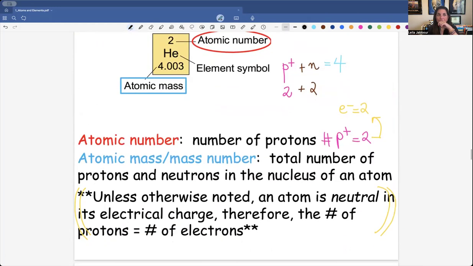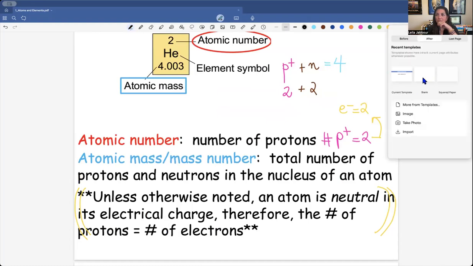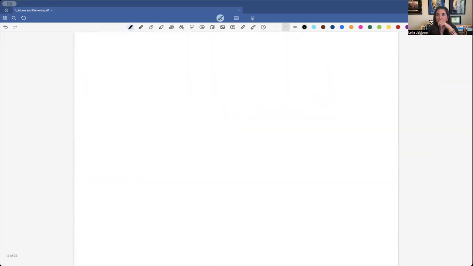I'm going to add a little drawing page right after for oxygen. By the way, I didn't say that those letters are basically the symbol of each one of these elements. So O for oxygen. Okay, so let's break it down. 8, this is the atomic number.